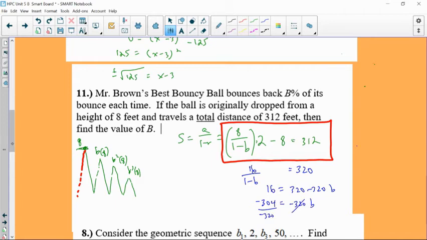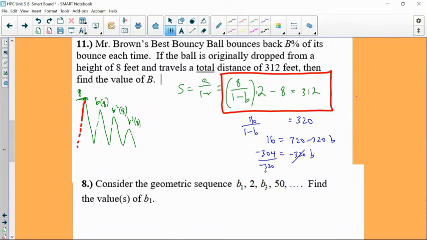So B is equal to 304 divided by 320. I know they're both divisible by 4. They're both probably divisible by 16, I would guess. So let's give it a try again without a calculator.